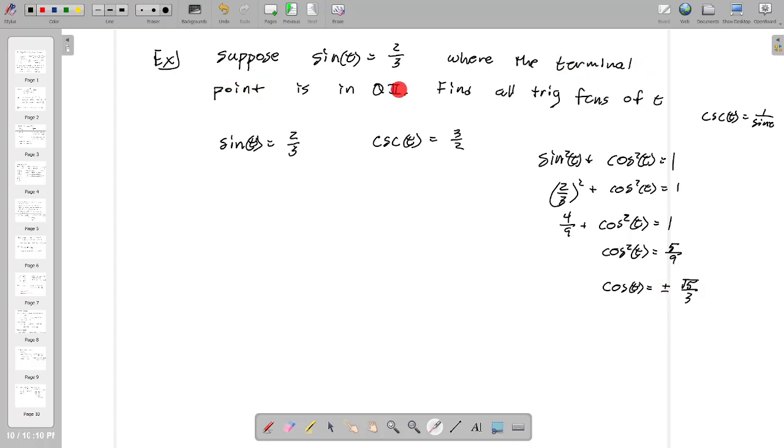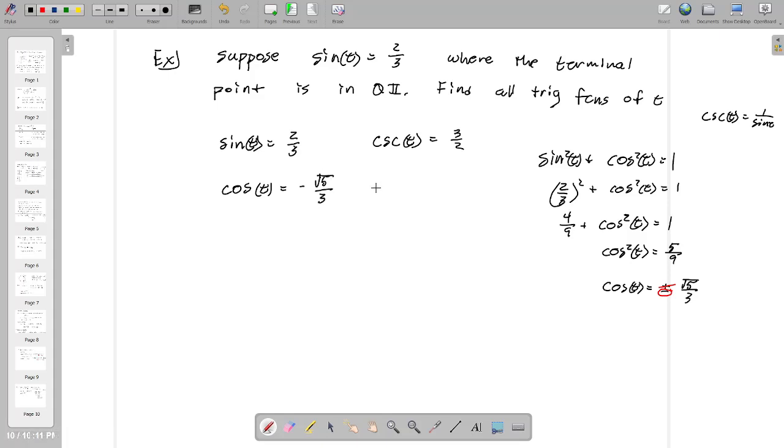The terminal point is in quadrant 2, which means that the x value, which is what cosine is, is negative, because x is negative in quadrant 2, so we use the negative cosine value as our solution. So now we have cosine of t is equal to negative square root 5 divided by 3.